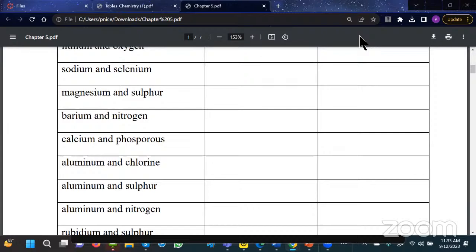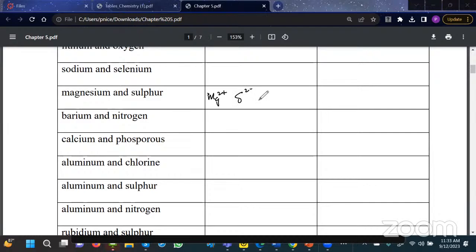I have a question about the magnesium and sulfur. Okay, magnesium and sulfur. What's the formula for the magnesium ion? It would be Mg2 plus. And what's the formula for the sulfide ion? The sulfide is 2 minus.